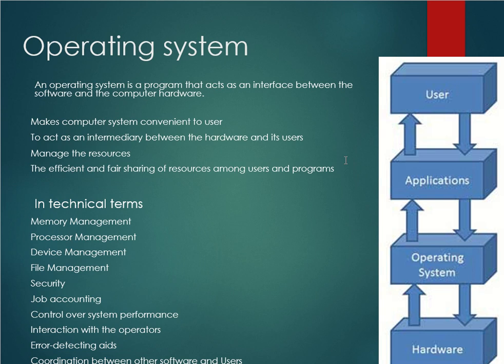Now in memory management, you know that there are many memory devices: RAM, cache, secondary storage. They need to be managed, and to maintain the efficiency of the computer, those memory devices need to be managed properly. For that, there are some mechanisms like virtual memory.